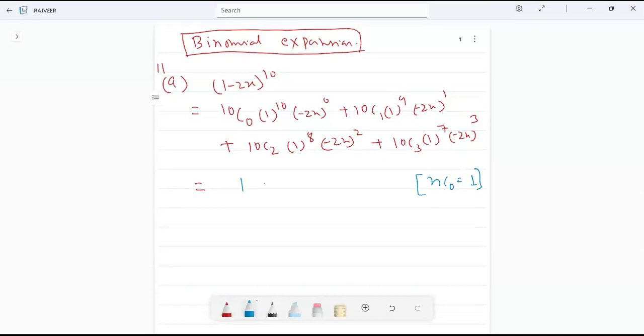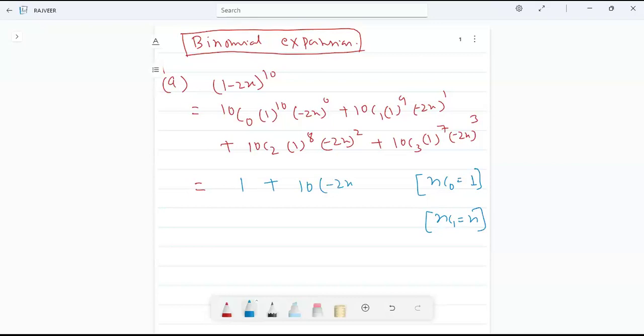So this is 1 plus 10C1. NC1 is N. I'm writing the basic rules on the right hand side. So 10C1 is 10 and 1 to the power anything is 1 itself. And negative 2x.